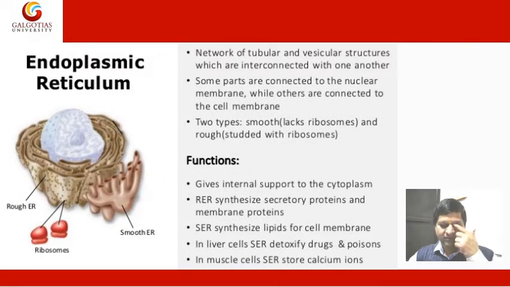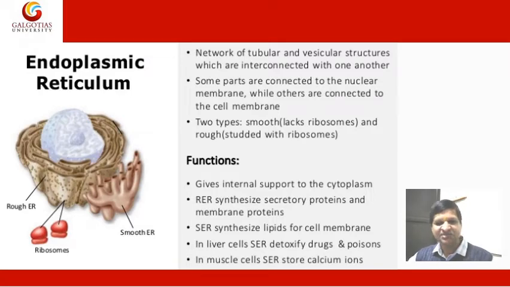Endoplasmic reticulum, a network of tubular and vesicular structures which are interconnected with one another. Some parts are connected to the nuclear membrane while others are connected to the cell membrane. Two types of endoplasmic reticulum are smooth and rough. Smooth lacks ribosomes, and rough is studded with ribosomes.